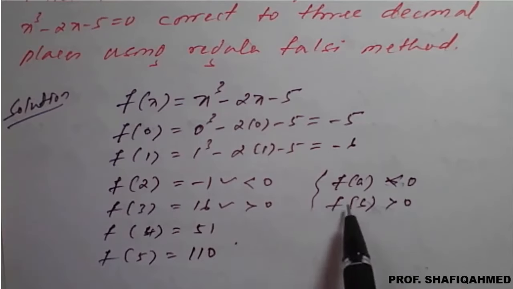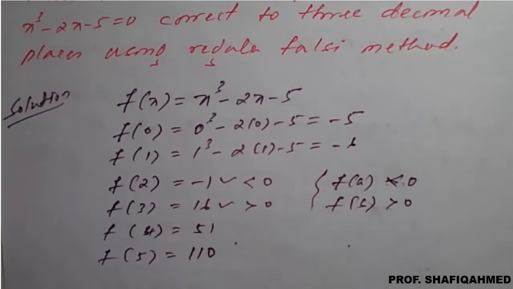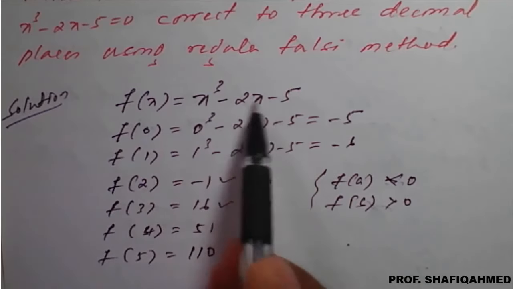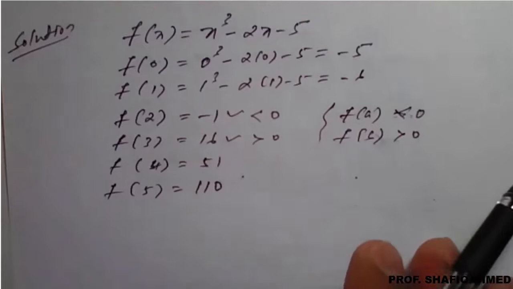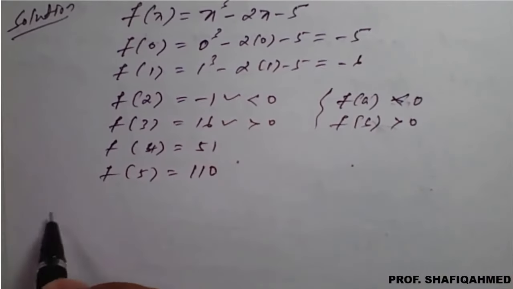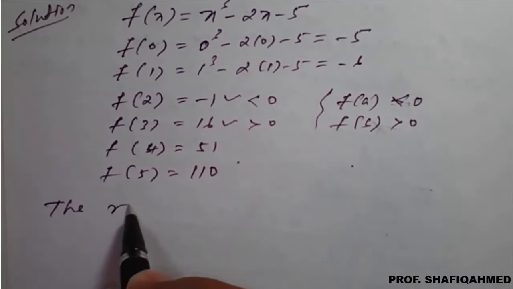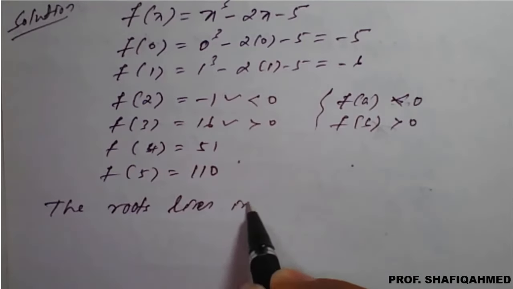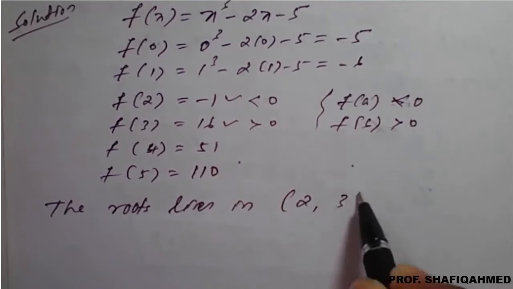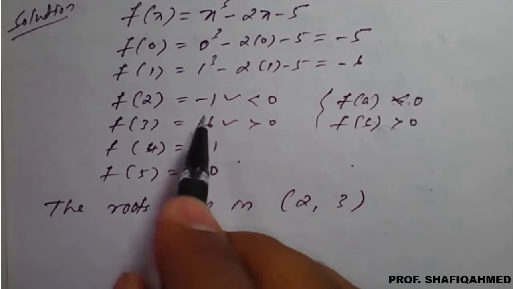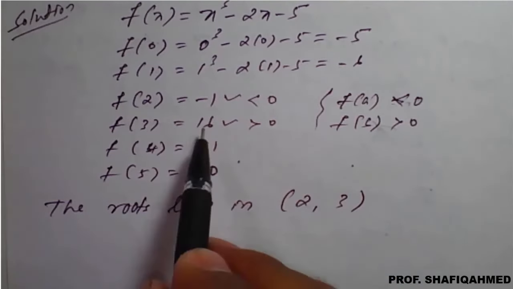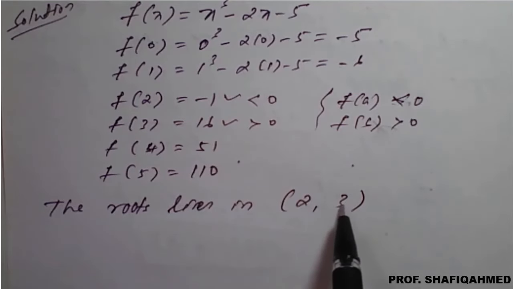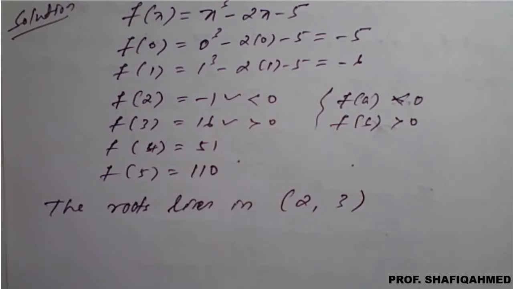We got this condition satisfied here. With the help of this, I can say that the root of the given equation lies in 2, 3. Because of 2 we are getting minus, and because of 3 we are getting plus. So remember, 2 is the negative place and 3 is the positive place for this example.